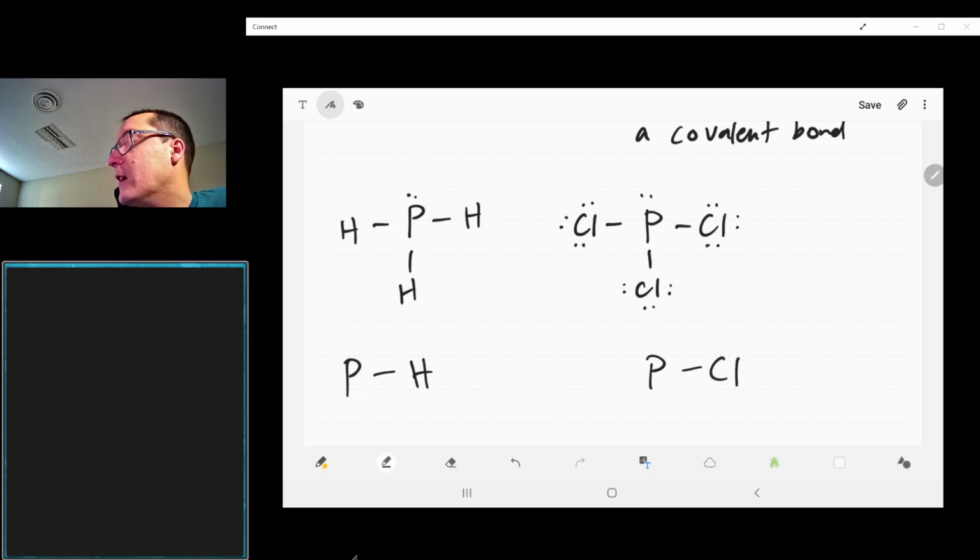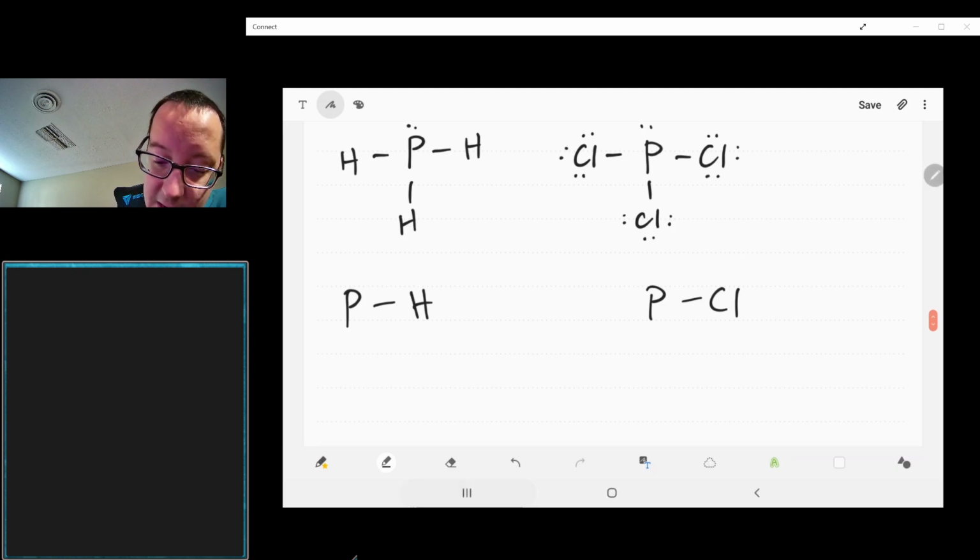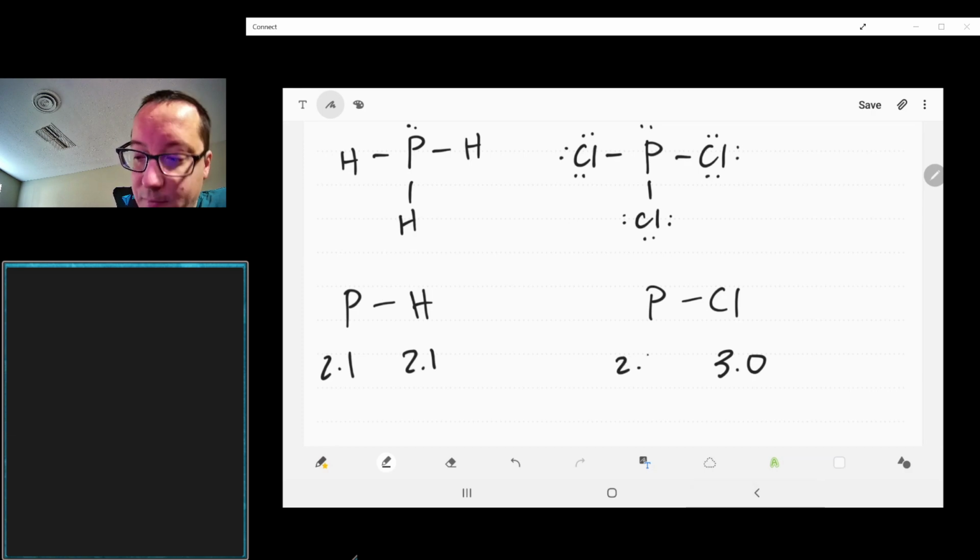So here, let's look at the table. Phosphorus has an electronegativity of 2.1. Hydrogen has an electronegativity of 2.1. Chlorine has an electronegativity of 3.0. And phosphorus we've already seen.